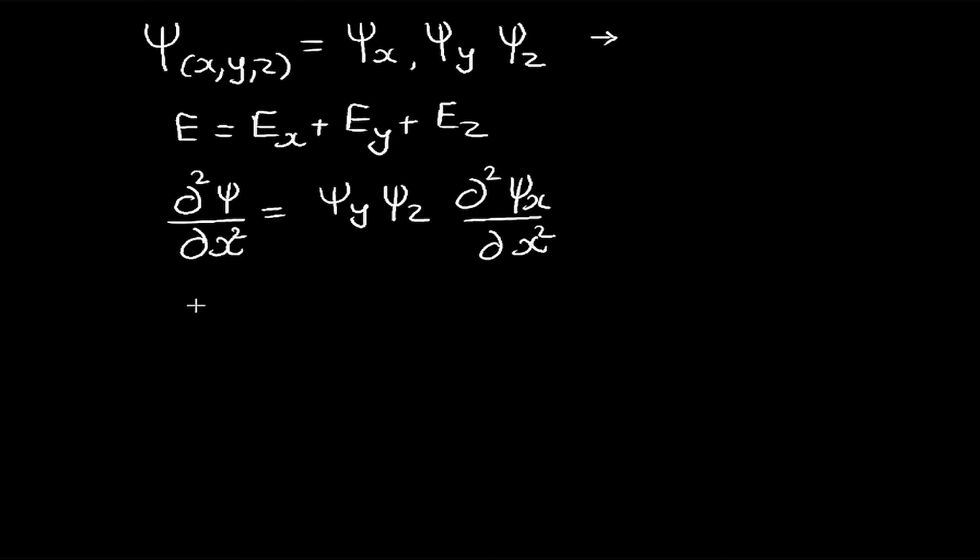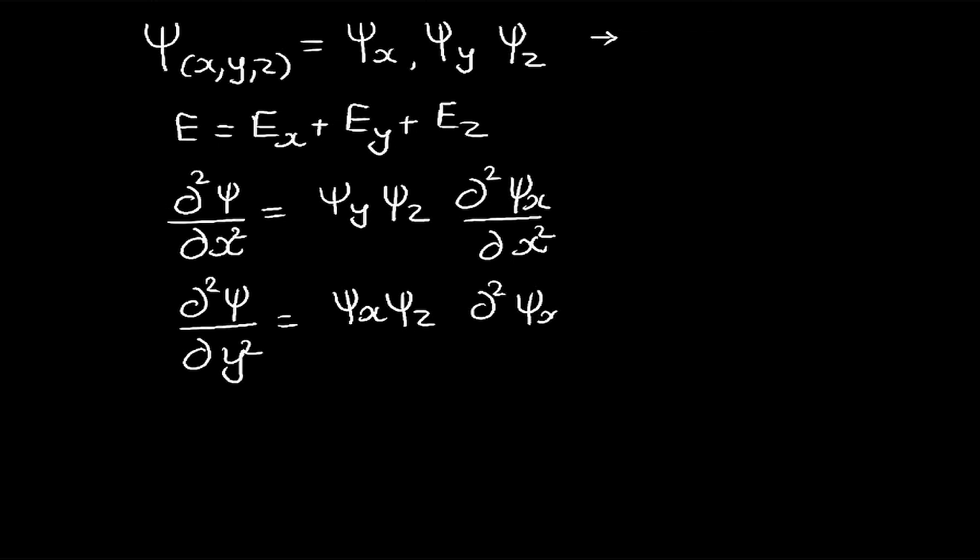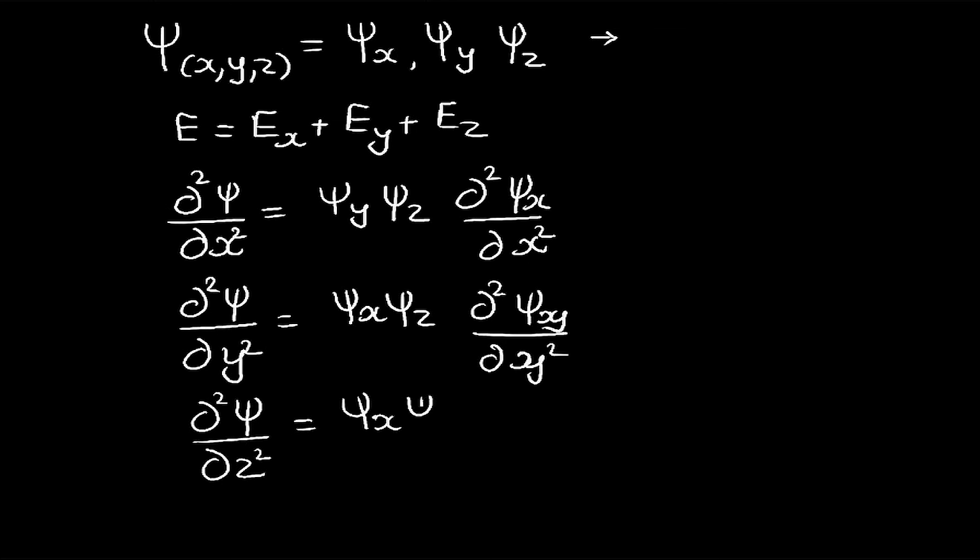Similarly, when we differentiate it with respect to y, we will have d square psi by dy square, we will have psi x and psi z into d square psi y by dy square, and d square psi by dz square is equal to psi x psi y into d square psi z upon dz square. Okay, so these are the three expressions that we have obtained.